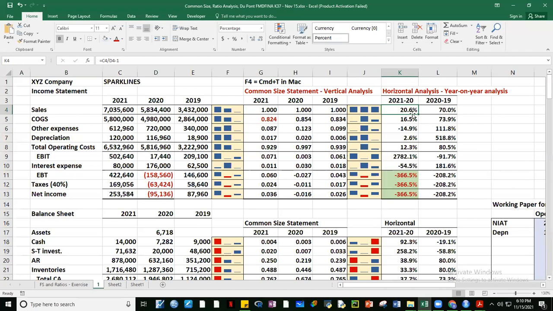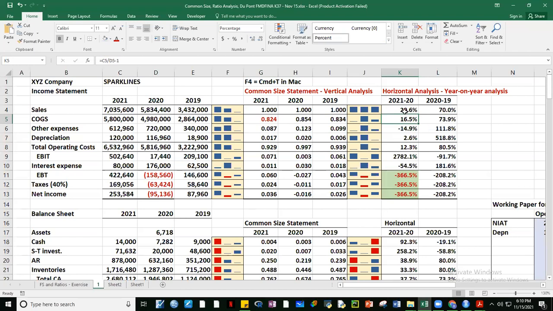Okay, so lower increase in sales. However, we can see here that the increase in cost of goods sold, 73.9, it was really very high. The cost of goods sold increased tremendously in 2020 compared to 2019. While 2021, the increase was only 16.5%.